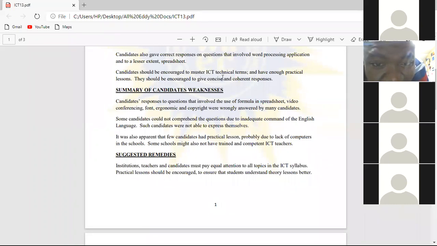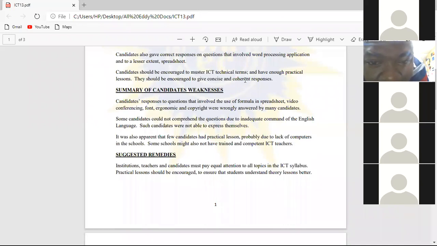The coherent we don't understand. It means you should give correct answers. Yes, accurate answers.